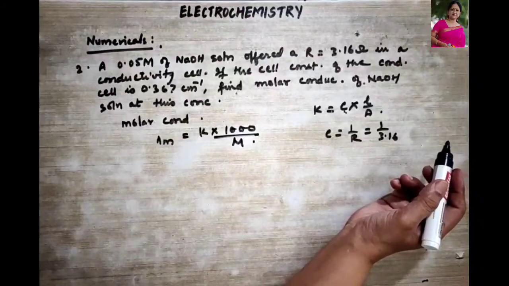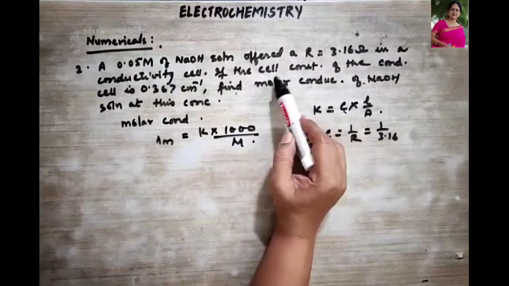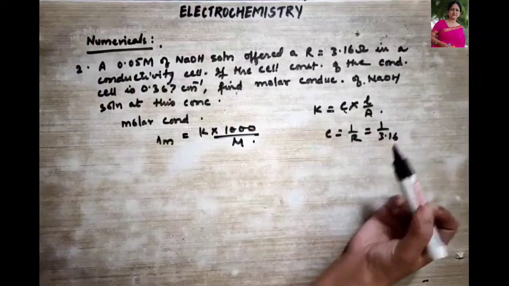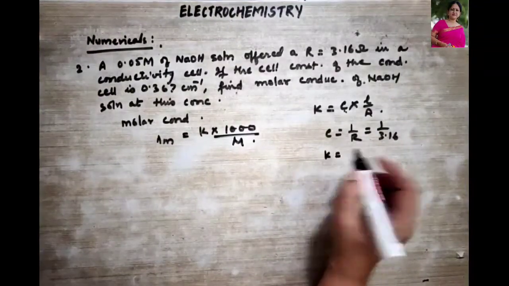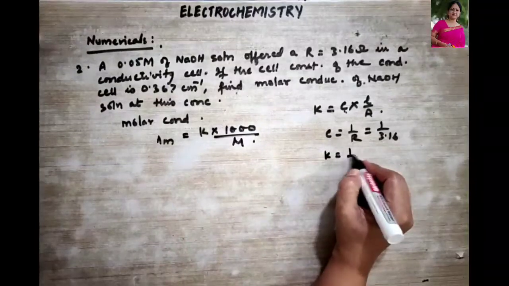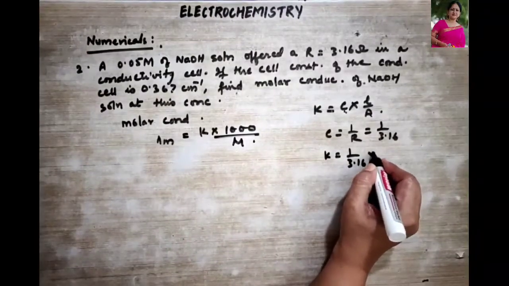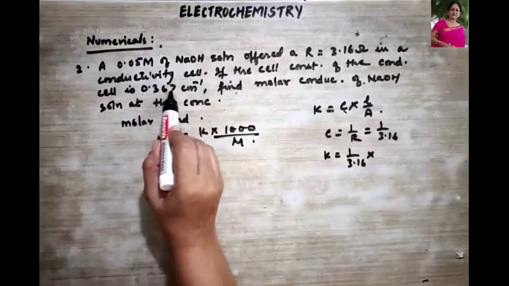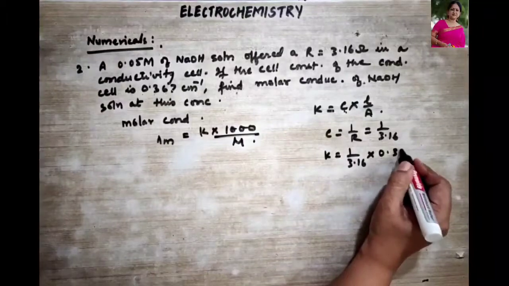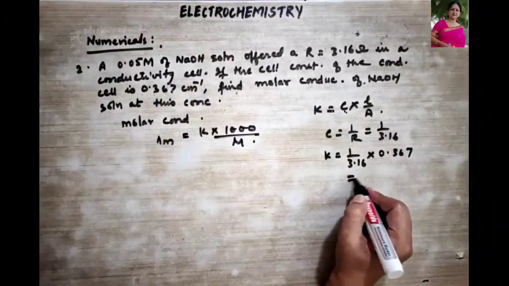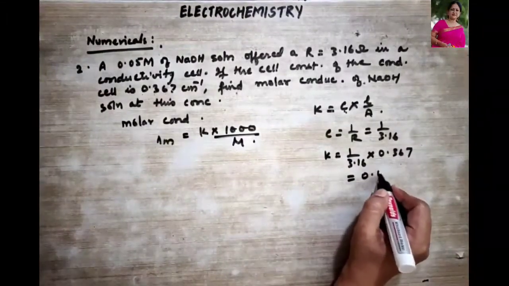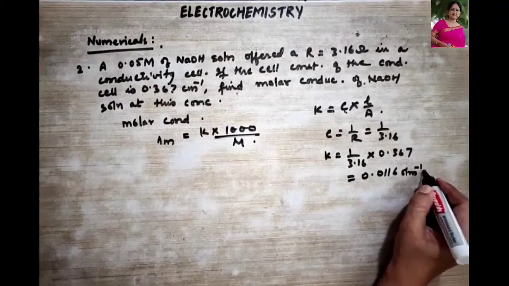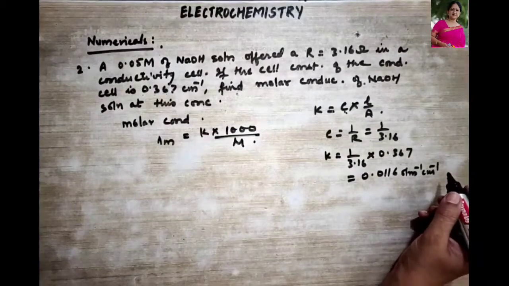We have got C. Now what is the cell constant given to you? Cell constant is L upon A. So K is equal to 1 upon 3.16 into cell constant, 0.367. So this comes out to be 0.0116 per ohm per centimeter.